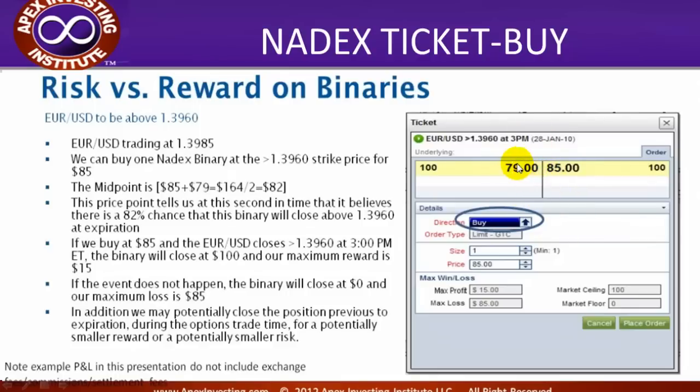The mid is 82, and that basically is the market telling us there is an 82% probability that binary will expire in the money. If it does expire in the money, it'll be a $100 payout less the risk that was put up. If it expires out of the money and you bought, then it would be a losing trade. There wouldn't be any additional payout.